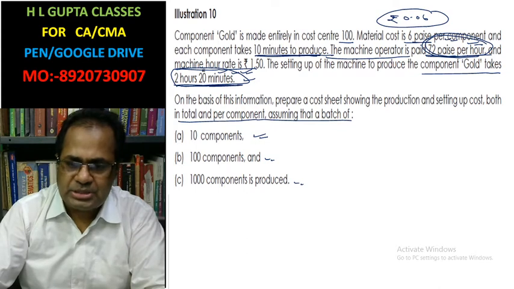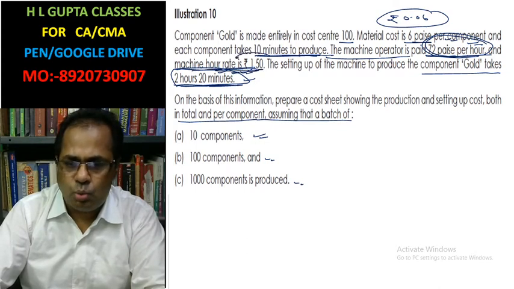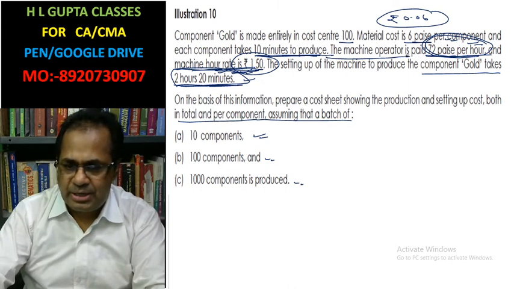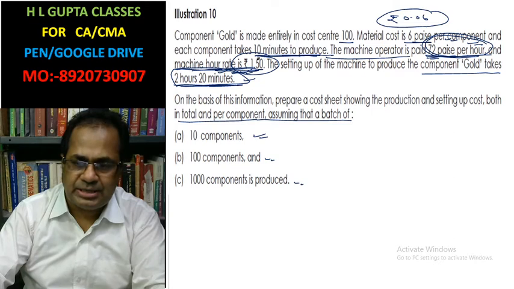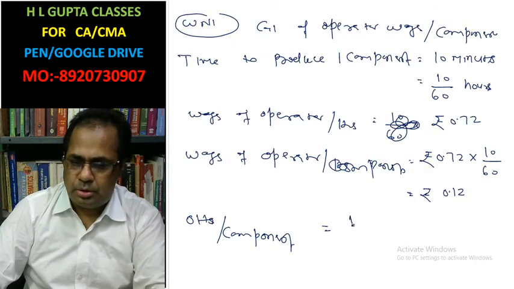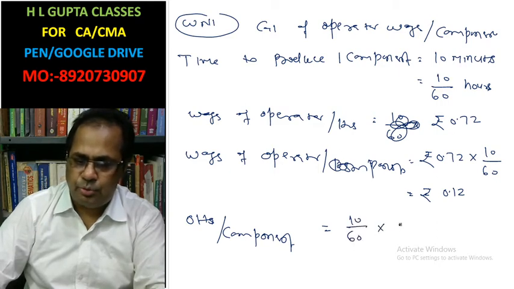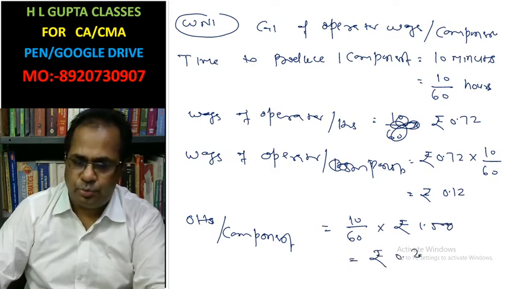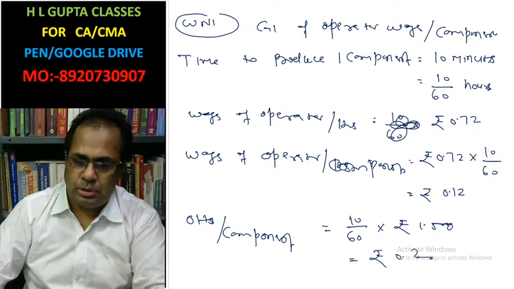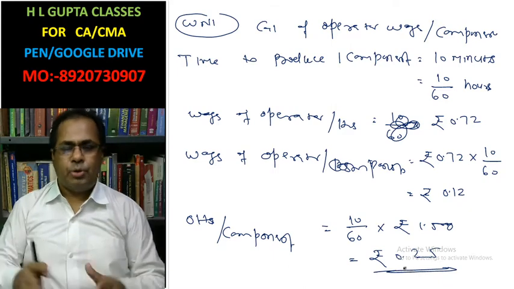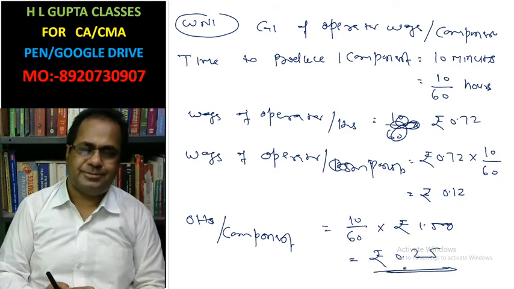Look at it, the machine hour rate is 1.50. So 10 by 60 into rupees 1.50 equals 0.25. These are the two rates. Now you can prepare the cost sheet.